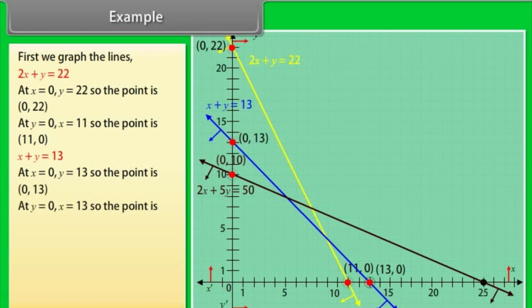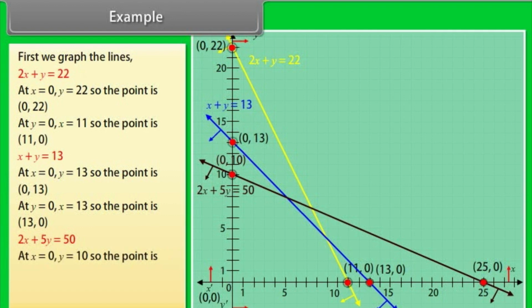At y is equal to 0, x is equal to 13. So, the point is 13, 0. 2x plus 5y is equal to 50. At x is equal to 0, y is equal to 10. So, the point is 0, 10. At y is equal to 0, x is equal to 25. So, the point is 25, 0.